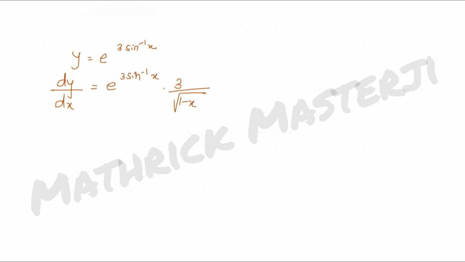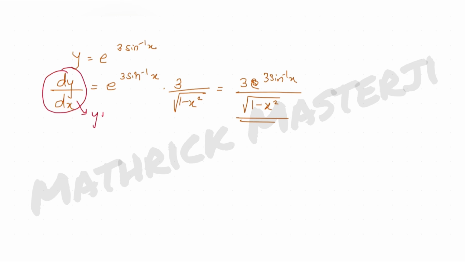So we get 3 e raised to 3 sine inverse x divided by root of 1 minus x square. And dy by dx is nothing but y dash. So y dash is 3 e raised to 3 sine inverse x divided by square root of 1 minus x square.